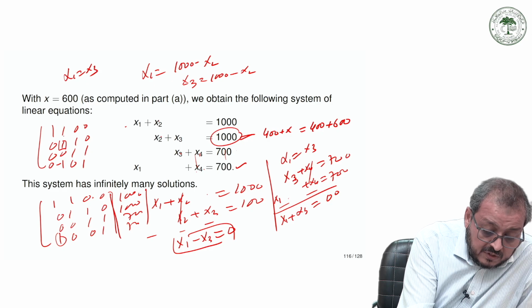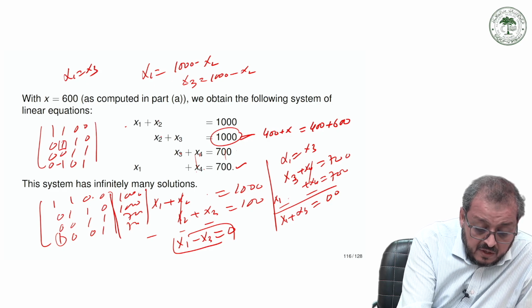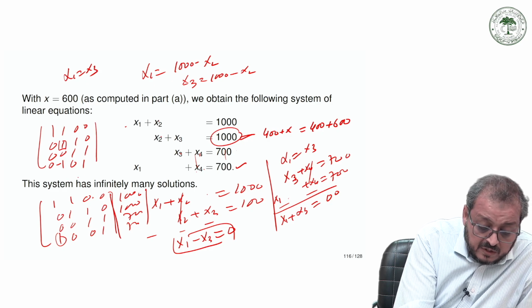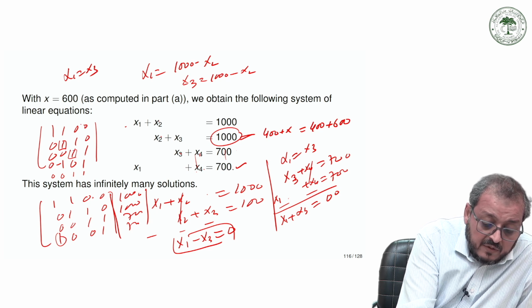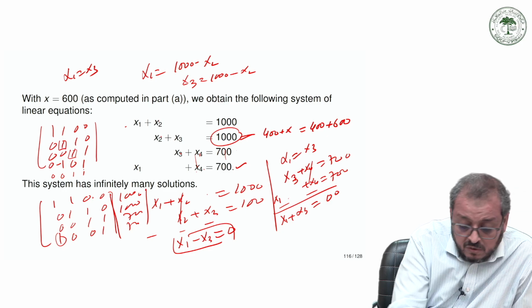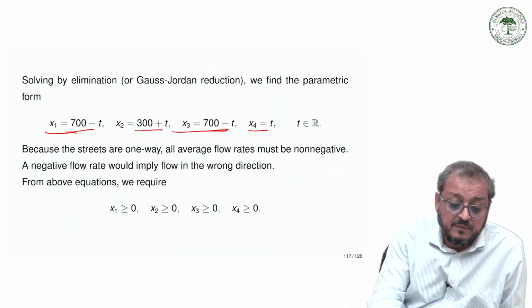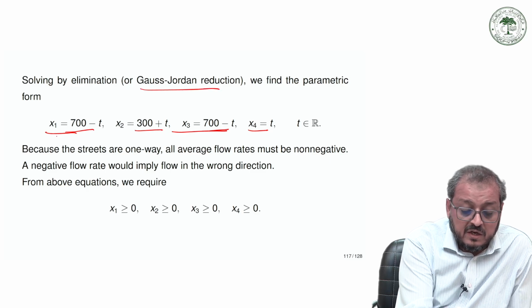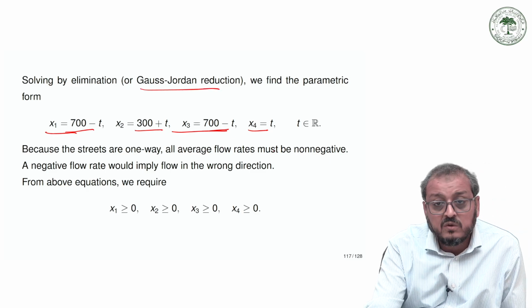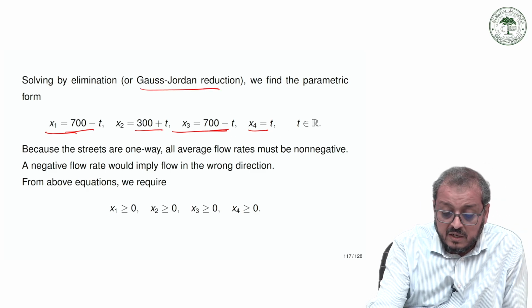Adding these two, you get the last row, which is 0 0 0 0. Then by Gauss-Jordan reduction, we can write x1 is equal to this, x2 is equal to this, and x3 is equal to t.